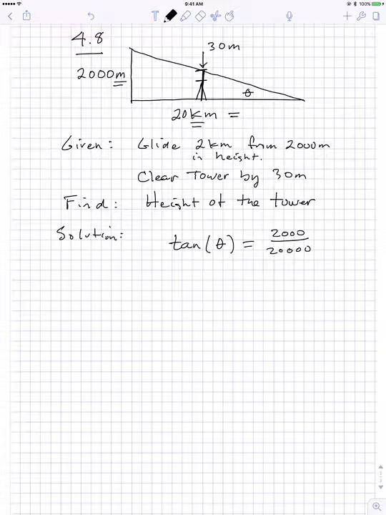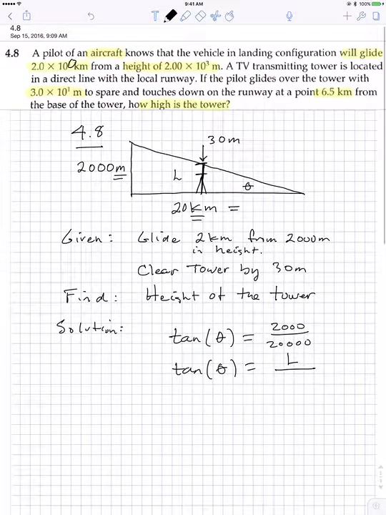All right. It's the same angle for the overall length L. And so we can write down tangent of theta is equal to the length L. Oh, and we also know this length.